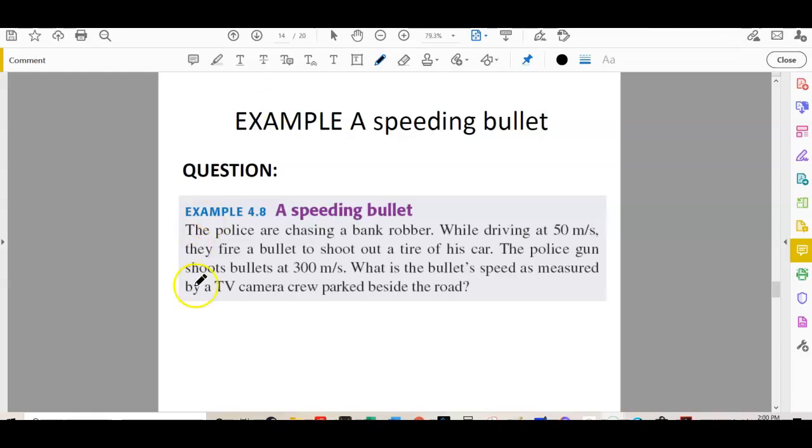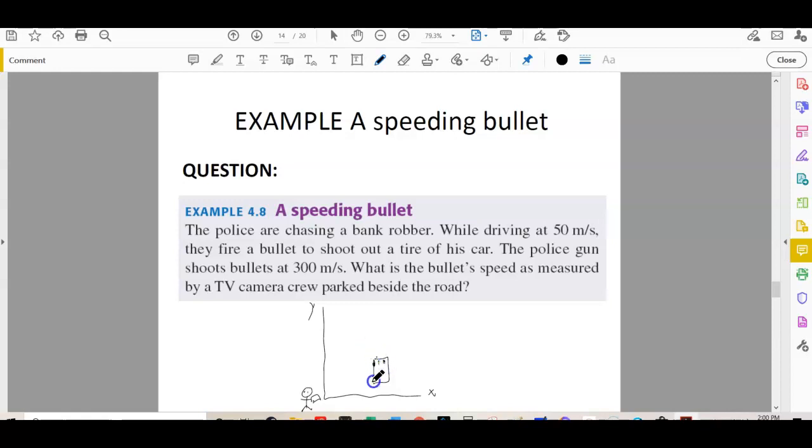Well, let's do a reference frame. So let's draw a little reference frame for the camera crew. This is Y, and this is X. And the crew is standing right here, and they are not moving, okay? They have little cameras though. So they're going to see the car right here, okay?